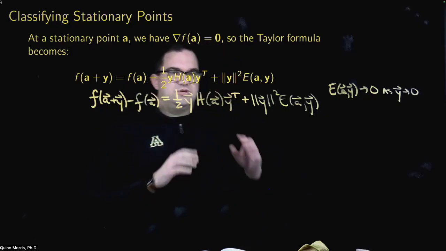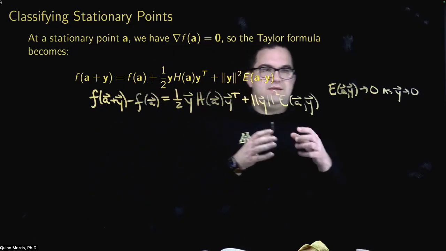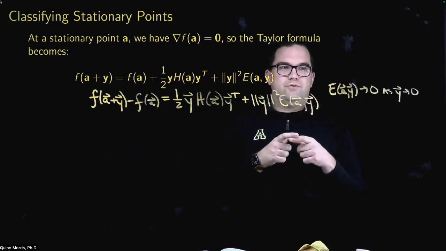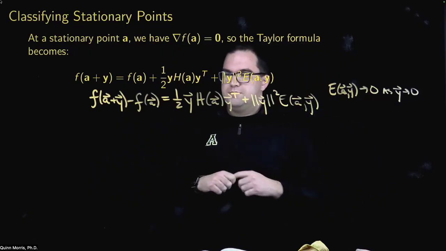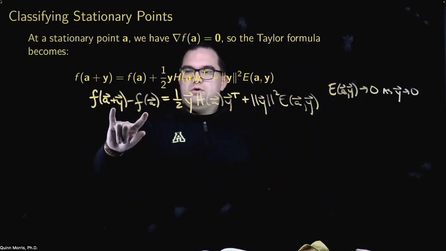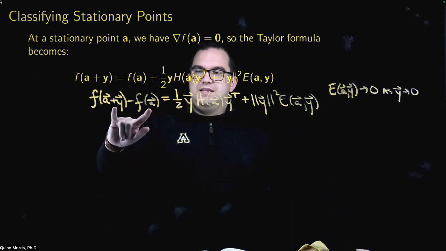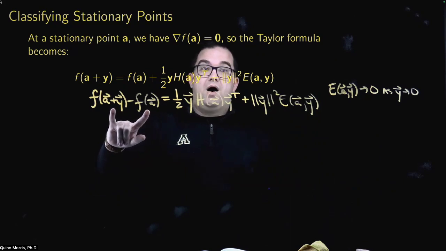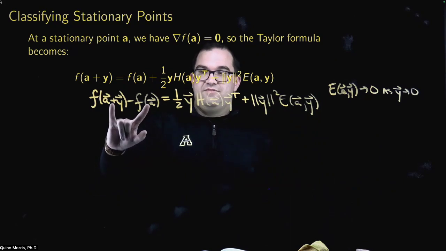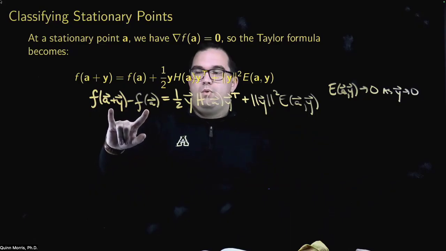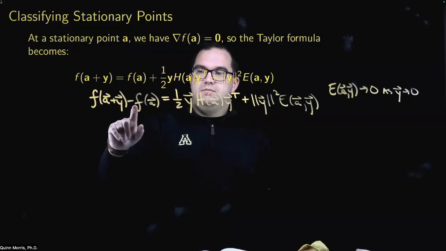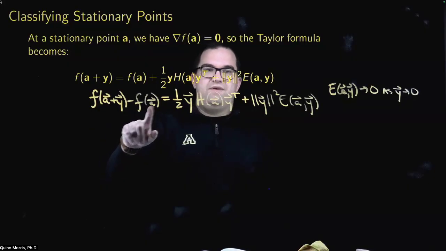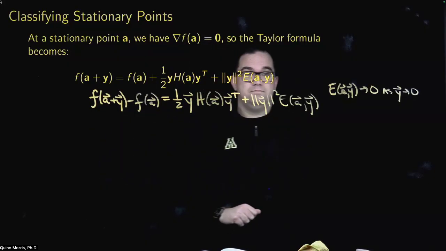Now, if I restrict my y to be some small vector, and by small I mean small norm, so close to 0, then I could look at this, and if I knew that this difference was positive for all y, then I would know that f of a plus y must be greater than or equal to f of a, so f of a would have to be a local minimum.